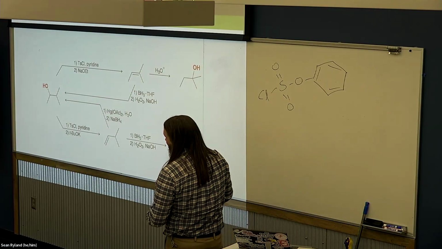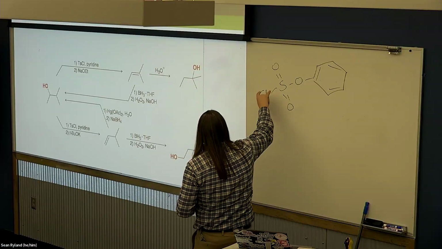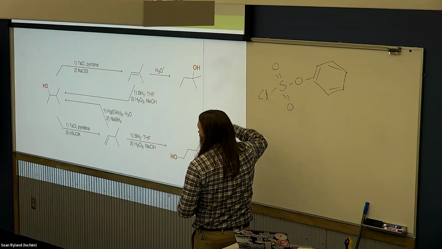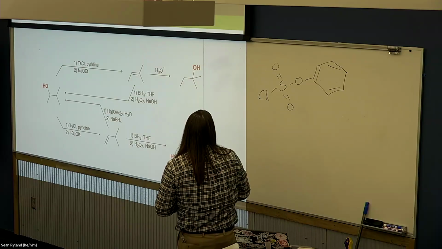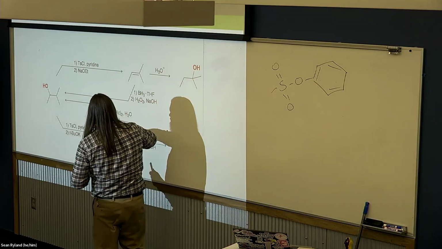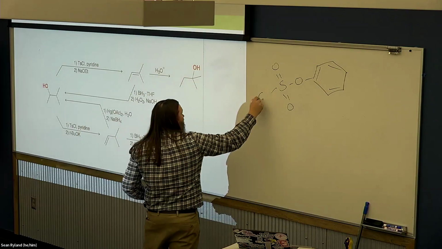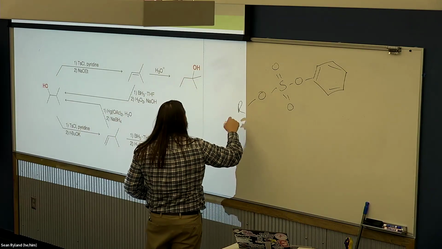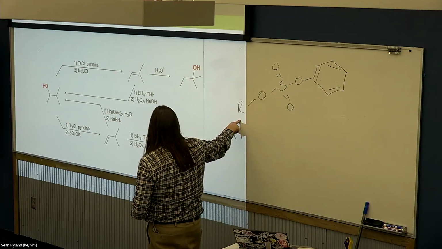And when you expose that to an alcohol, you basically pull the chlorine off and you attach the sulfur to it. And so we wind up with the O-tosylate, which is going to look like this, attached to whatever your R group is.